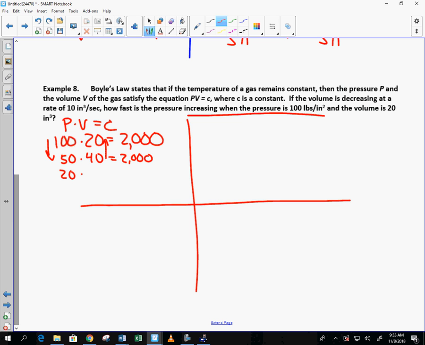The volume would be 100. These two always multiply to 2,000. This remains constant. That's Boyle's law. As this drops, this goes up and the other way around. So therefore, we have a formula: pressure times volume is equal to 2,000.